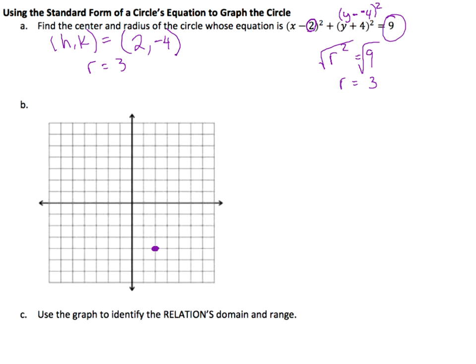To graph a circle, what I usually do is mark my radius off in each direction. So 1, 2, 3, 1, 2, 3, 1, 2, 3, 1, 2, 3. Oh, I missed my mark here. All right. 1, 2, 3.